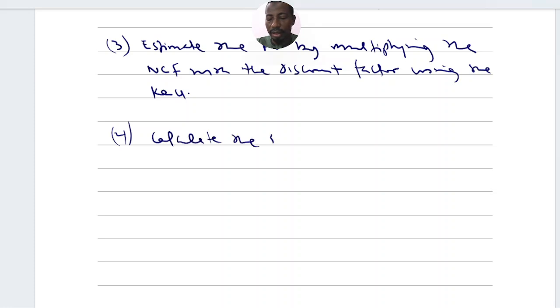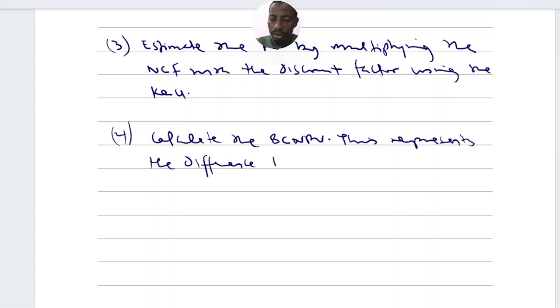Calculate the base case net present value, which represents the difference between the positive and negative present value.